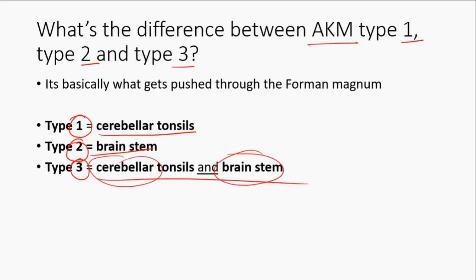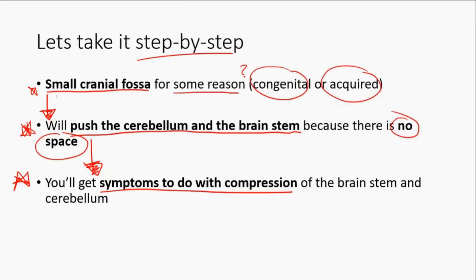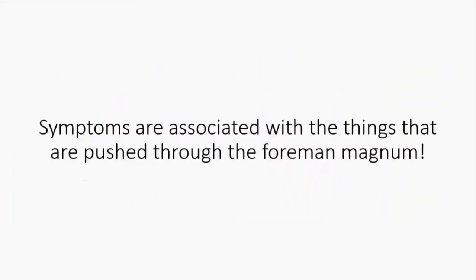So in this last step, we basically just talked about which structures are going to be pushed down. So now we have to ask ourselves, what symptoms are going to be produced? And the answer is basically the symptoms are associated with whatever structures are being compressed. Whatever's being pushed down the foramen magnum is going to be compressed, and you're going to get symptoms associated with that.